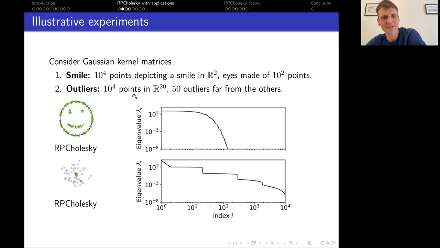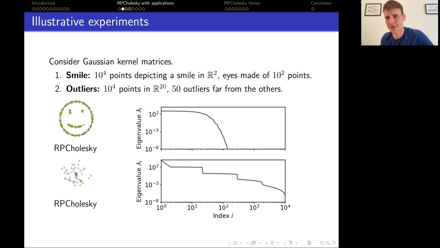Imagine 10,000 points in 20D space, and I'm taking a random 2D slice, and 50 outliers, which are the points that you're really seeing in gray, lie far away from the others. So I don't know, imagine the center of the universe with lots of planets all hovering around each other, and then a few that just got far flung. 0.5% of the data is far from the rest.